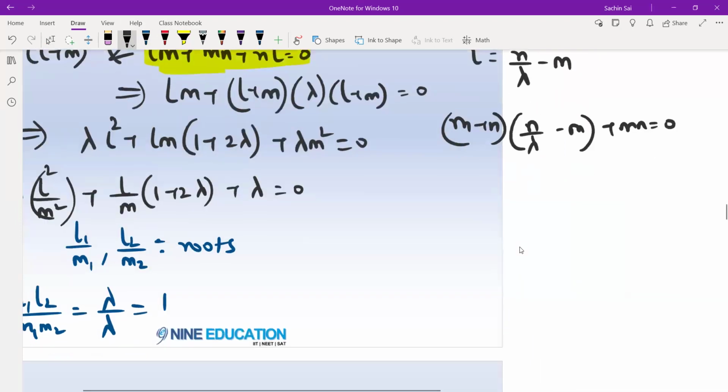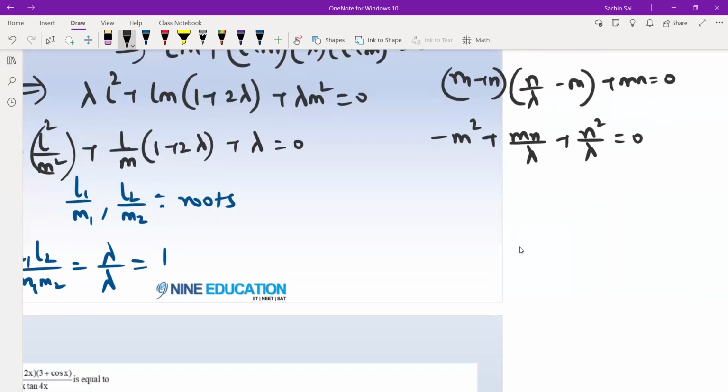Now if I expand this, I will get minus m square plus mn by lambda plus n square by lambda equals 0. Similar to what we have done in the earlier step, I will divide the whole equation by m square.